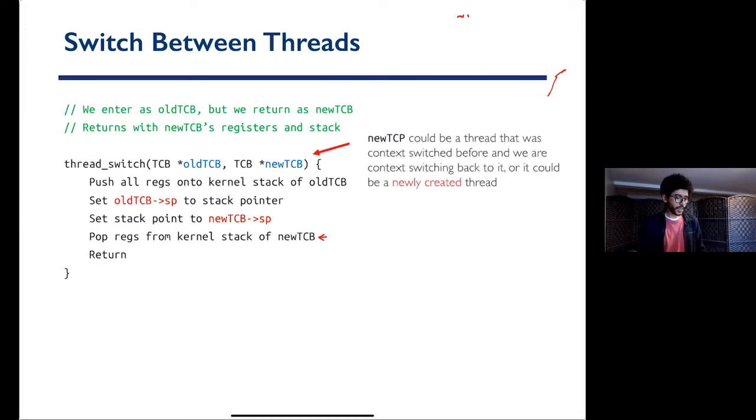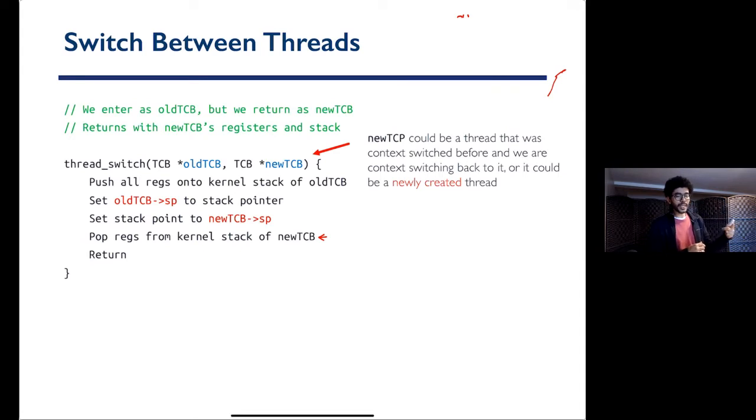So first of all, this new TCB, this new thread that we want to context switch to, could be 2 types of threads. The first type is a thread that we previously context switched from, and now we're context switching back to. So that's type 1.